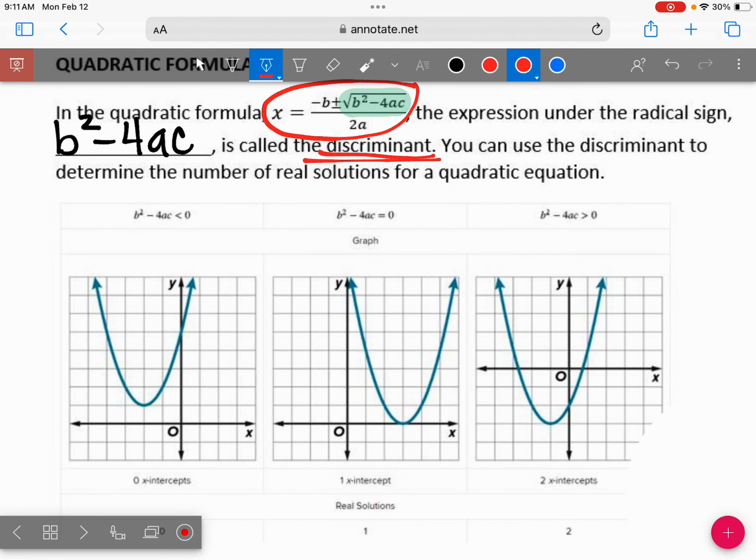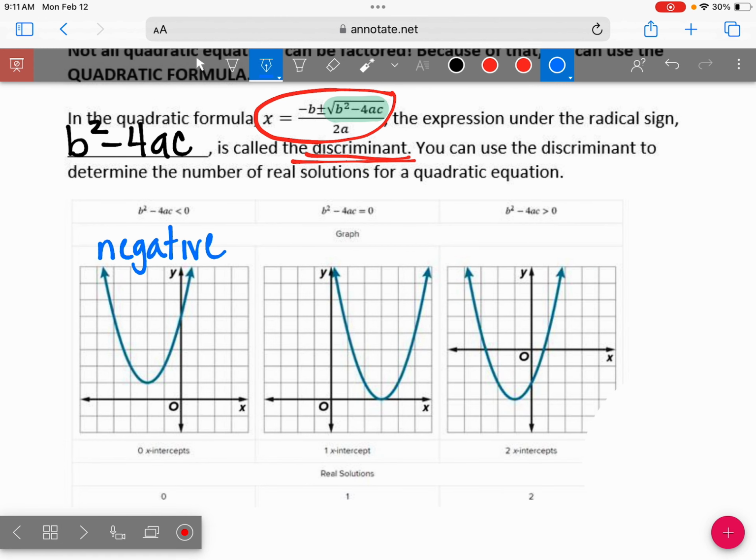All right, so let's just say, for example, that we do it and the number we get is negative. What that tells me is that I have no solutions. No real solution. There are 0 solutions. All right, let's say you get 0. If you get 0, when you do b squared minus 4ac, that tells you have how many solutions? 1.